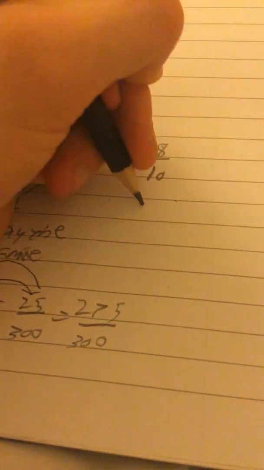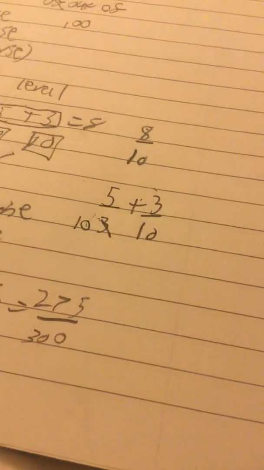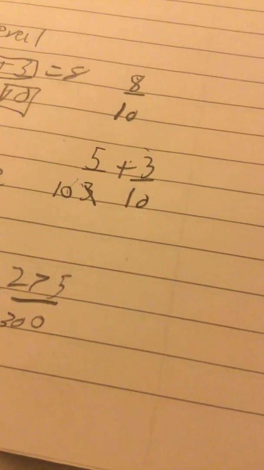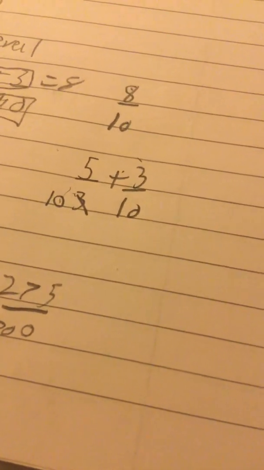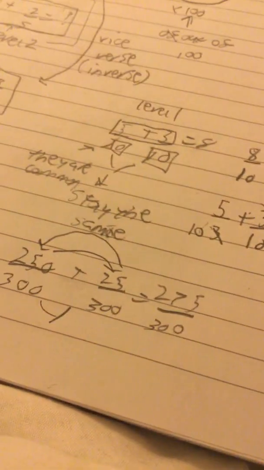First, if I give us a little bit more space, 5/10 plus 3/10. Now, if you're going to struggle with this, then please rewind this over and over again. You may need to. It's not required, it's recommended.